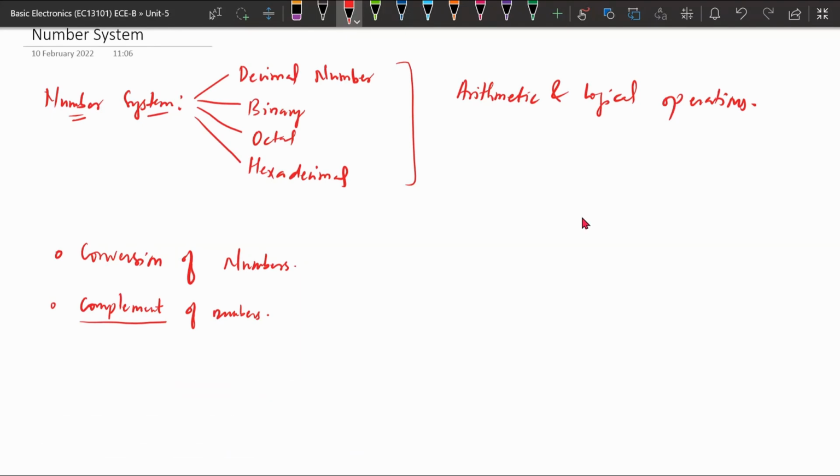So in this lecture we will see different number systems, how we can convert one to another, and how we can represent negative numbers with the help of complement.